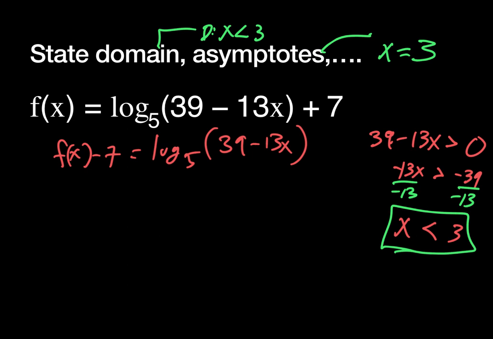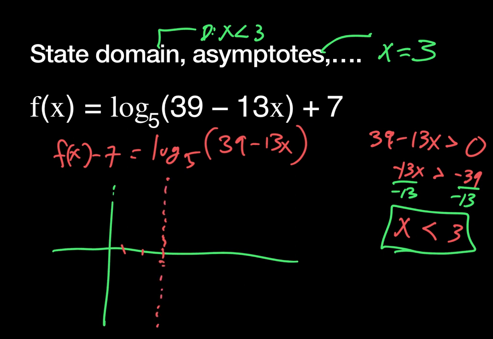And here's where, if you recall what graphs look like, I'm going to be looking at it like this. Here I am at 3. 1, 2, 3. Going to have this asymptote running here, and I can only be less than 3. So I don't know why I drew my graph way over here. It's going to go that way.